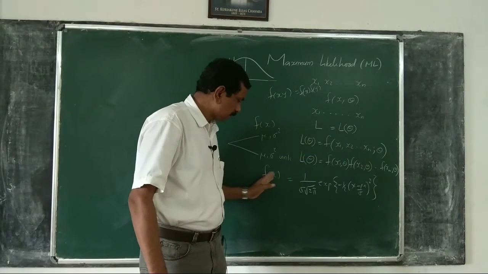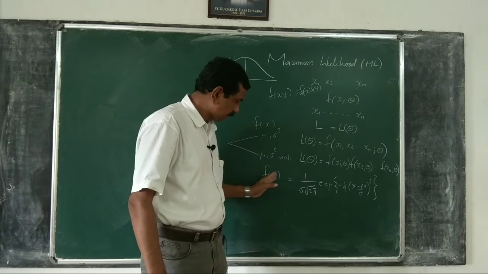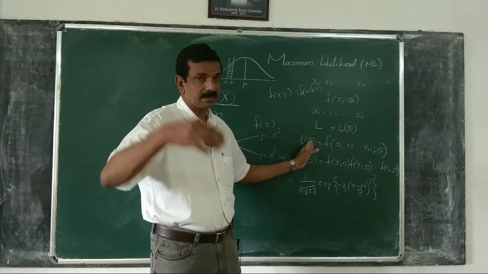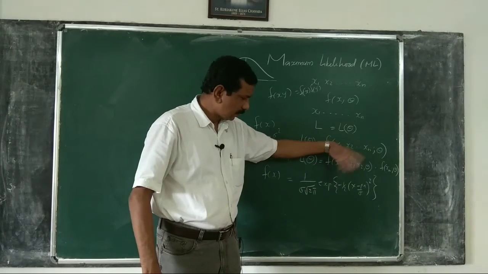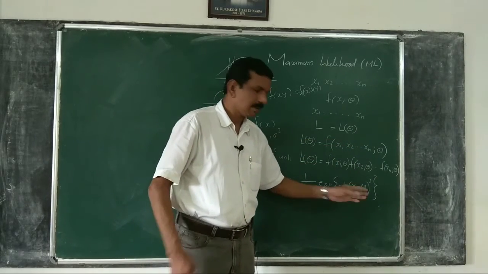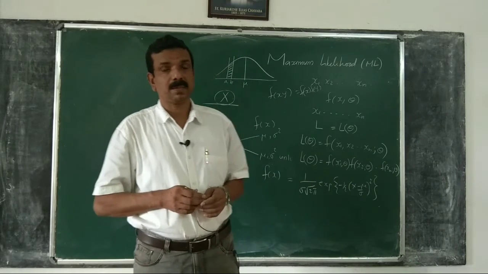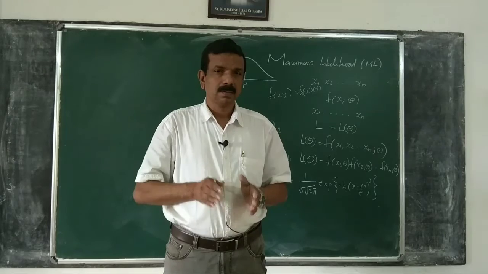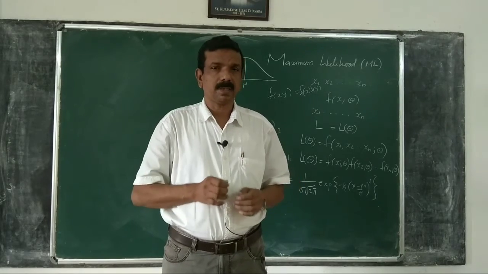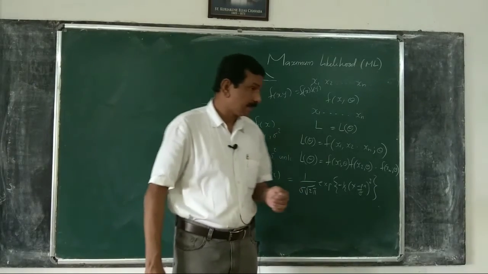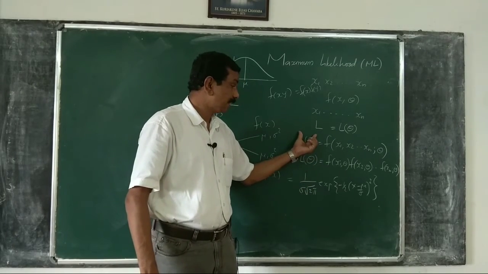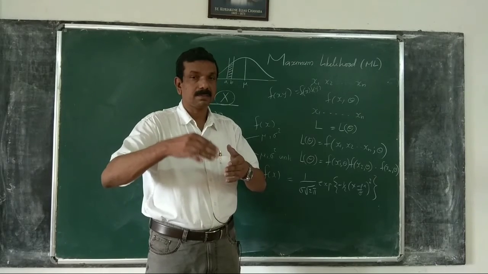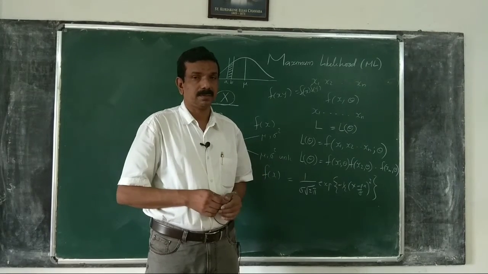Again calculate the value of fx, in this case L theta, the likelihood function, and you go on giving different values to mu and sigma square, and you choose those values of mu and sigma square which maximize the value of the likelihood function. That is the idea behind the method of maximum likelihood.